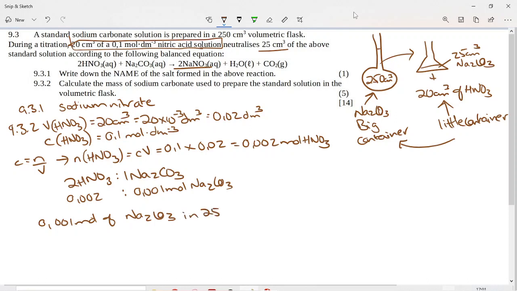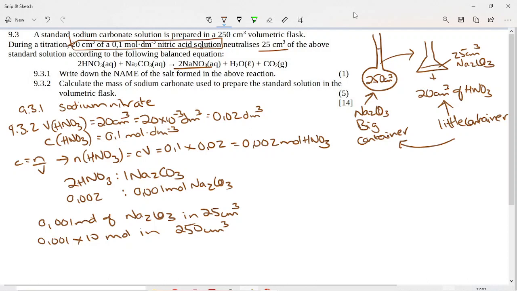But this was 0.001 moles of sodium carbonate in only 25 cubic centimeters. Okay, so you've got two choices. You can say, if I had this many moles in 25 cubic centimeters, I will have 0.001 times 10 moles in 250 cubic centimeters, because 250 divided by 25 gives you 10 times the volume.